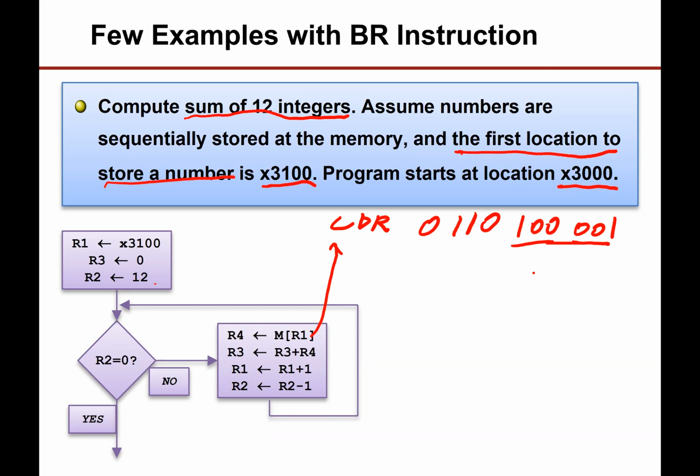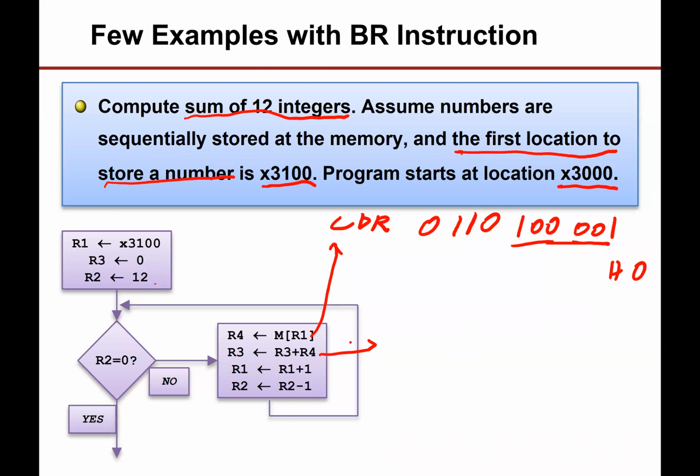Then that is the offset. Because you have put the exact address into R1, the offset here is actually 0. Right?